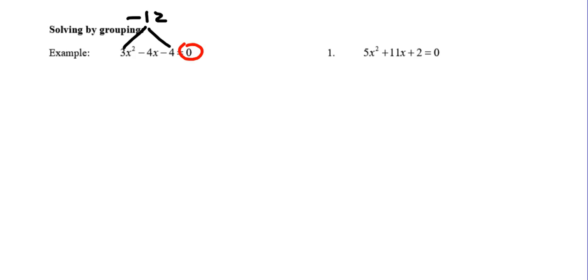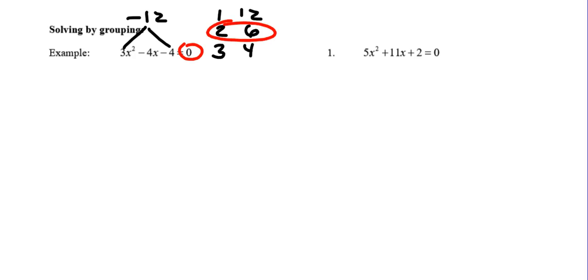Now, similar to how you do it when a is 1, you need two numbers that multiply to negative 12 that add up to negative 4. So look at your factors, 1, 12, 2, 6, 3, 4. You're looking for factors that have a difference of 4, and that's going to be here.